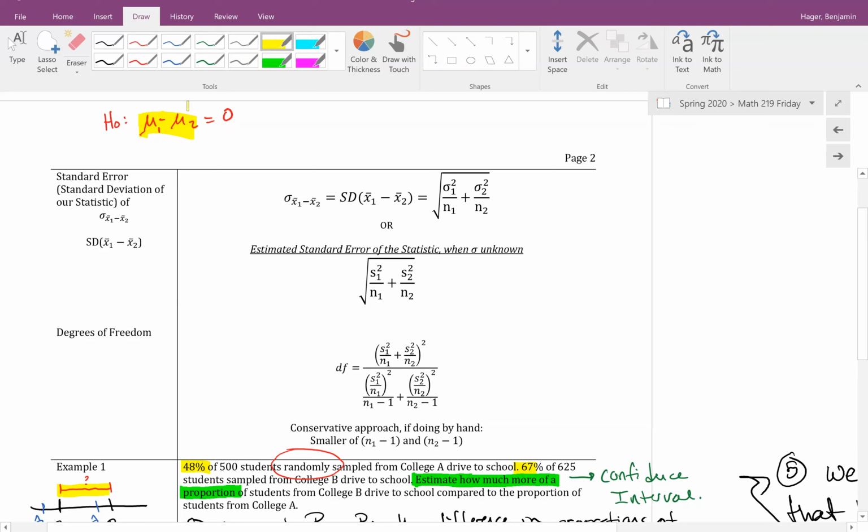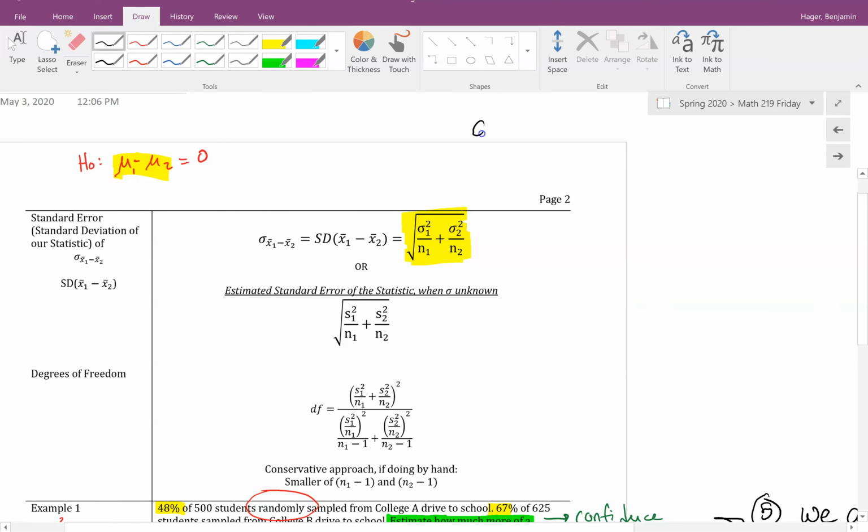Well, if you happen to somehow know the population standard deviation, then here it is. And actually, this is very familiar looking. Didn't we learn in 7.1 that the standard deviation of a sample mean is the standard deviation of the population over the square root of the sample size? Well, that is what they have here.